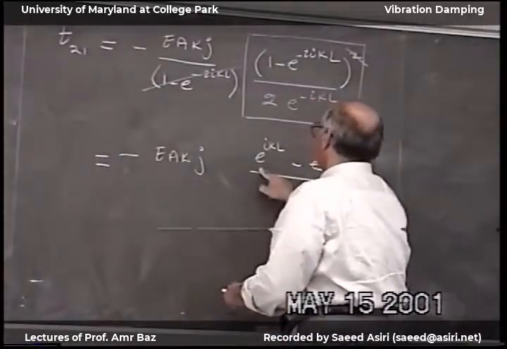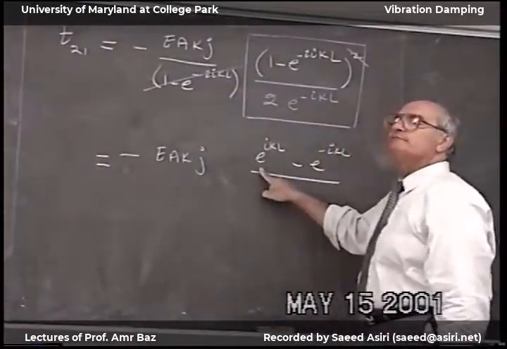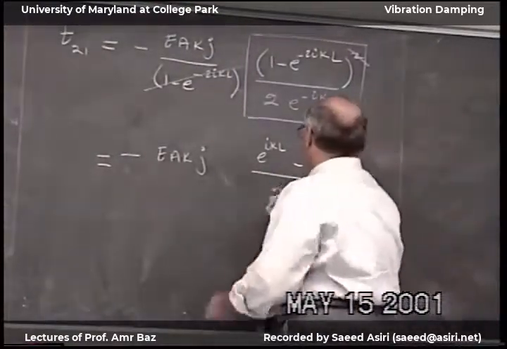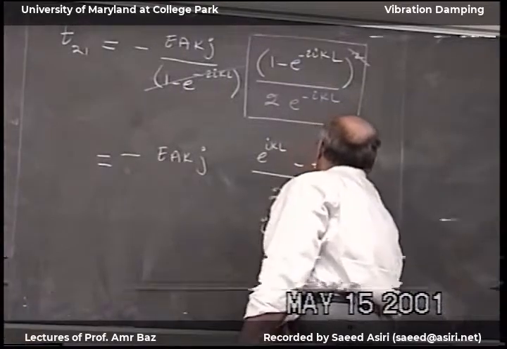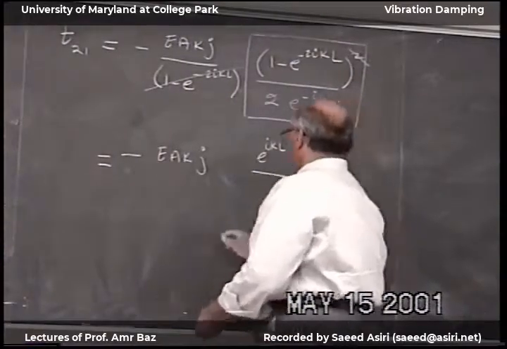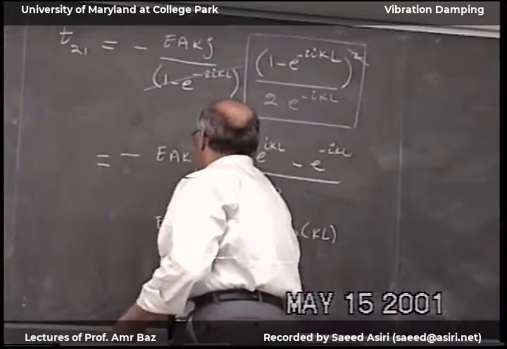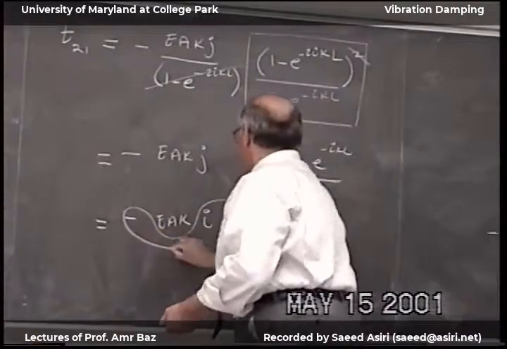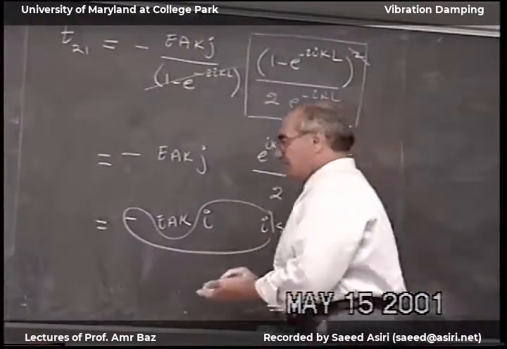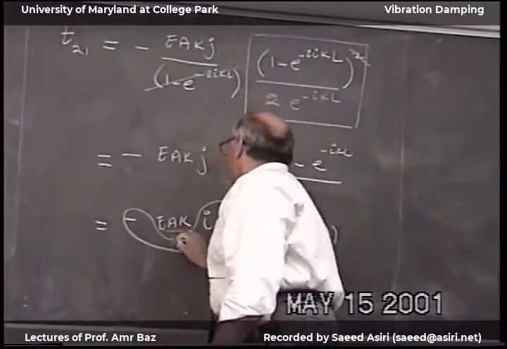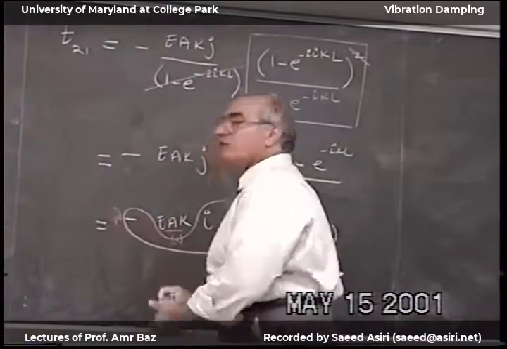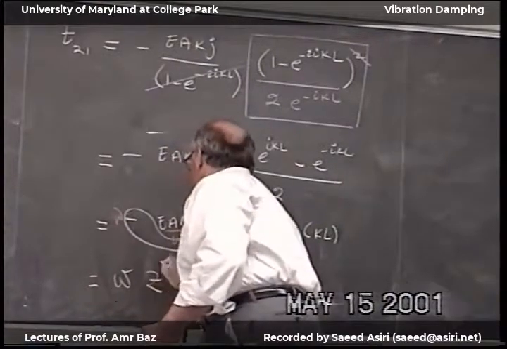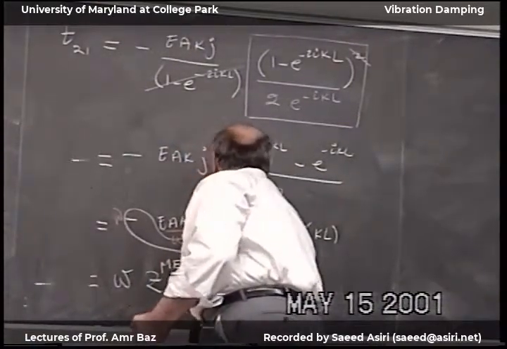So this is cosine plus i sine. So this would be twice, so it's positive, and then this would be i sine KL, and then we have i from here, e, k, and we have minus. So all these three will be plus, and then I divide by omega and multiply by omega. So this will equal to omega Z mechanical rod.